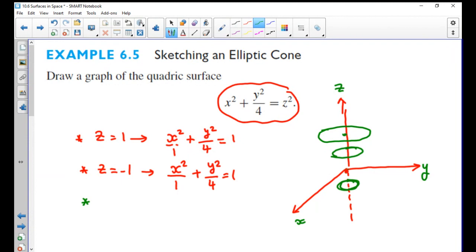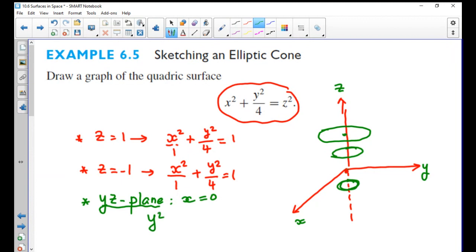Now, what happens on, let's say, the YZ plane? Let me check. The way the curve cuts the YZ plane, what happens there? X is 0.